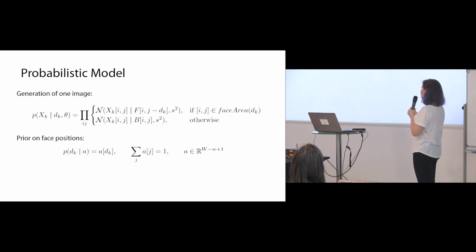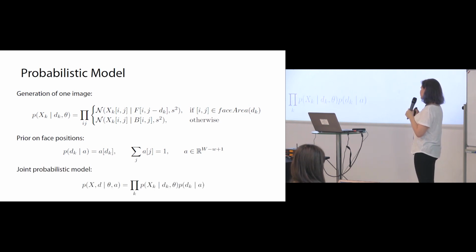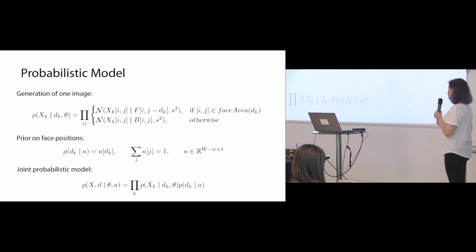And the elements of vector A sum up to 1. Okay? The joint probabilistic model looks like this. We simply take a product of likelihood and prior, and then take a product over all the images. This is our probabilistic model, in which we will do inference.